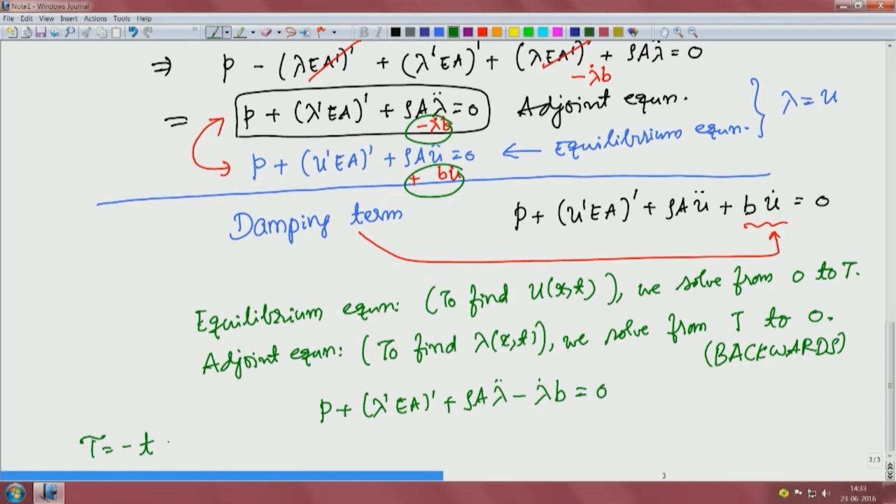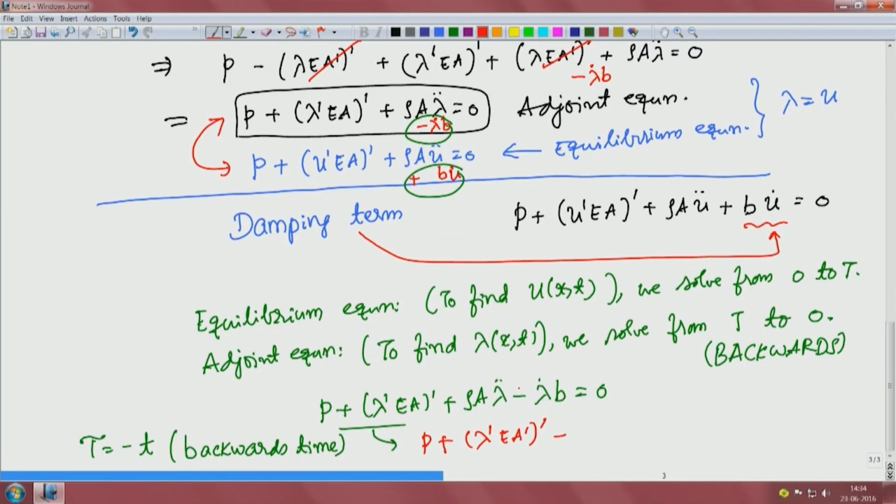Tau is minus time, okay, backwards time. If you do that, how does this equation change? It changes, p does not change, and lambda prime E A prime has no dependence on the time. So, that also is just fine.